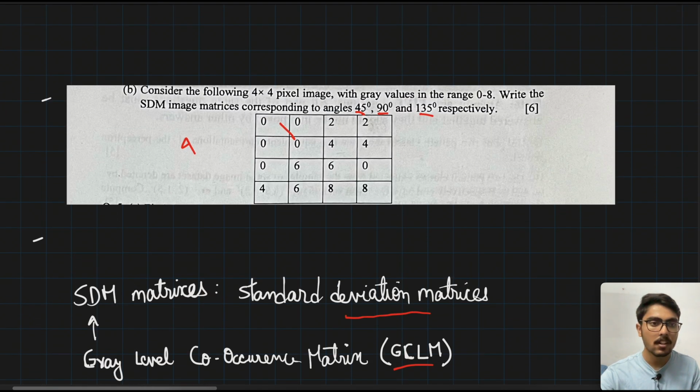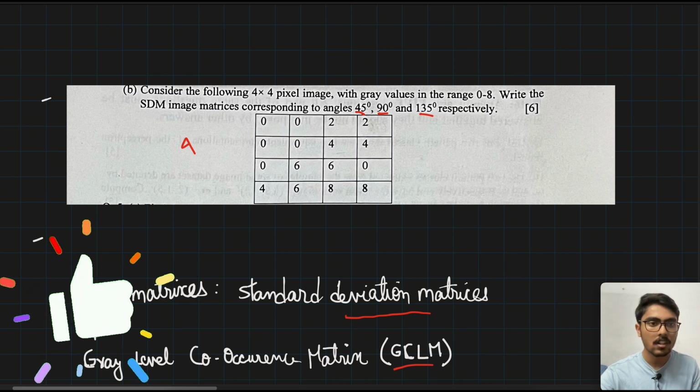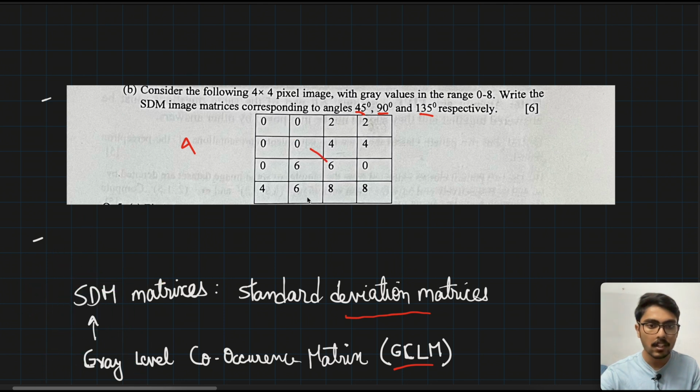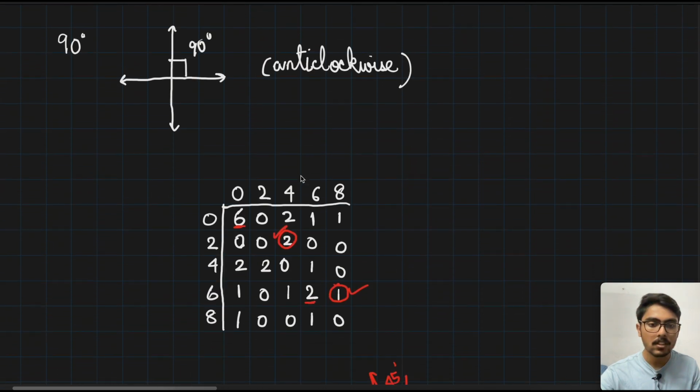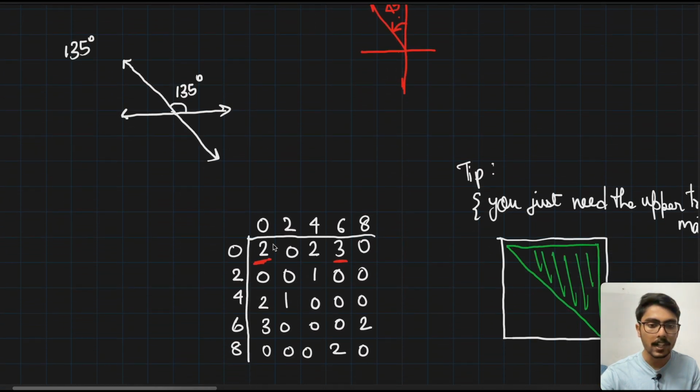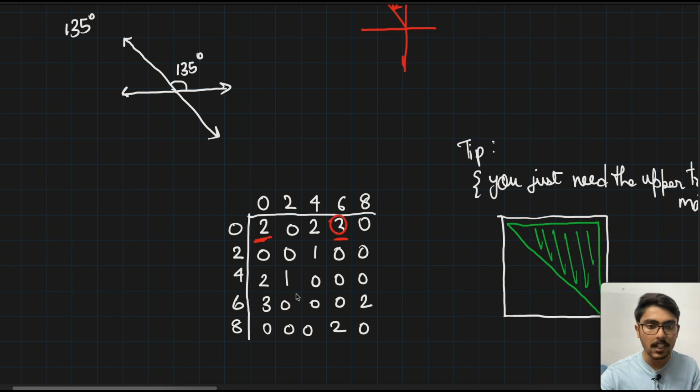0 to 6, here you see a pair, here you see a pair, and here you see a pair. So 0 to 6 is 3, so 6 to 0 will also be 3. So let's see if that is what we have. You see 0 to 6 is 3, and again 6 to 0 is also 3.